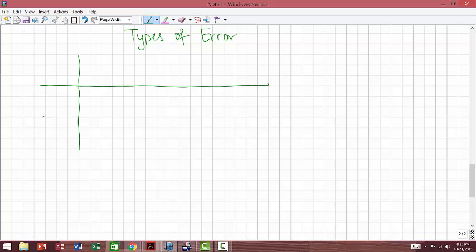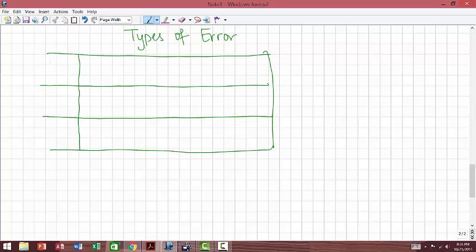Okay, so let's take a look at this following table here. So the top row will represent the reality, which usually we don't really know what the true reality is, right? So let's say the defendant is innocent.